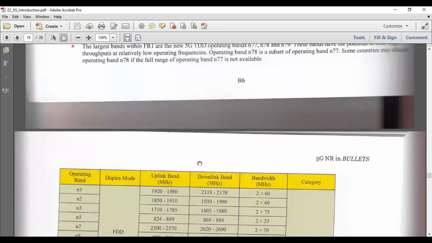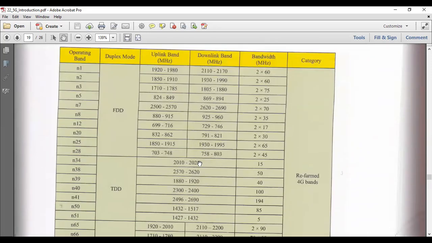There has to be a listed bandwidth for support, and different countries will allocate frequencies from the listed bandwidth to their operators. That's always the case. 3GPP specifies some bandwidth, and you have to select. Like this N1 is the common band for 3G and 4G in Asia, Europe, Australia.